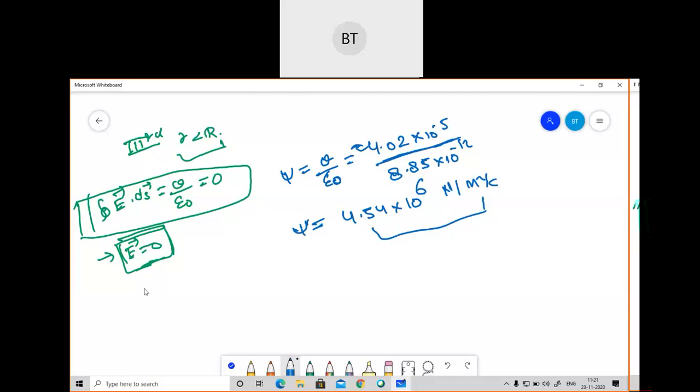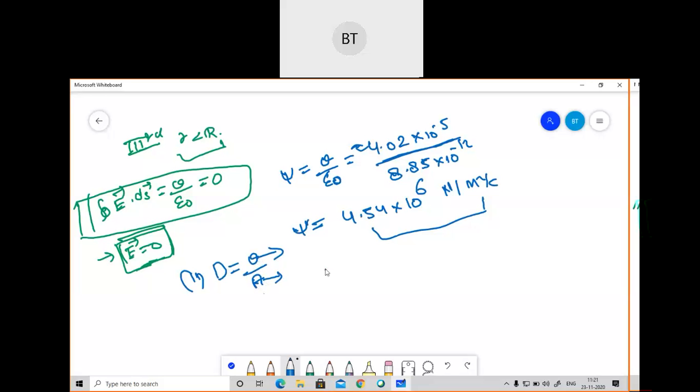So the second numerical which I have given you, I asked you to calculate the charge density, which is equal to Q by A. Q is the charge and A is the area.